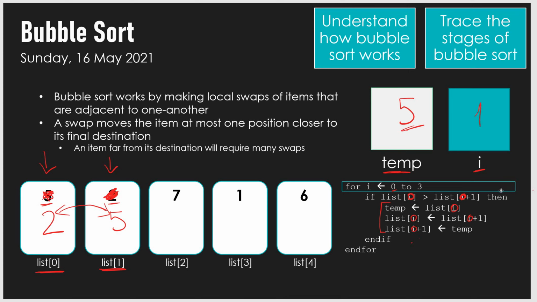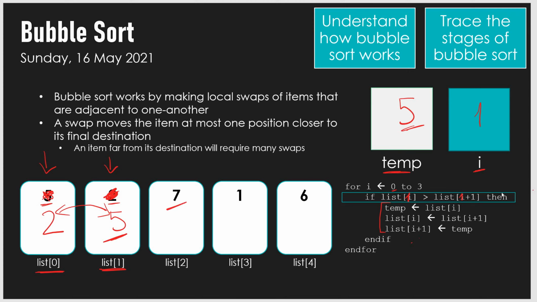And then when we look at the if statement, we're checking if list[1] is greater than list[1 + 1]. This is looking at whether this value right here in index 1 is greater than the value in index 2.